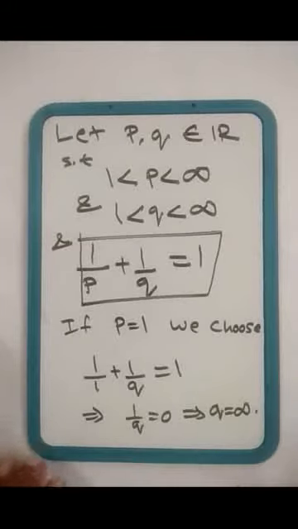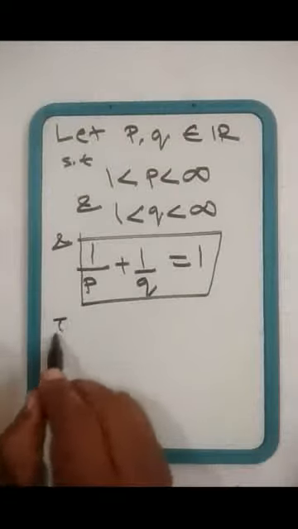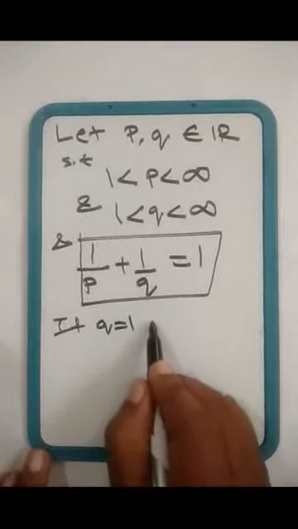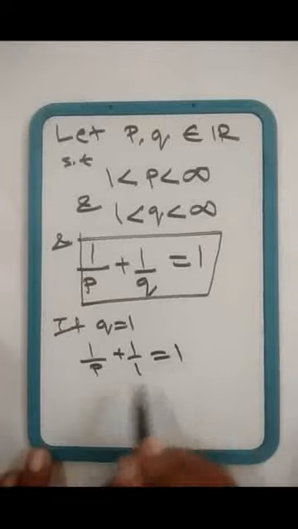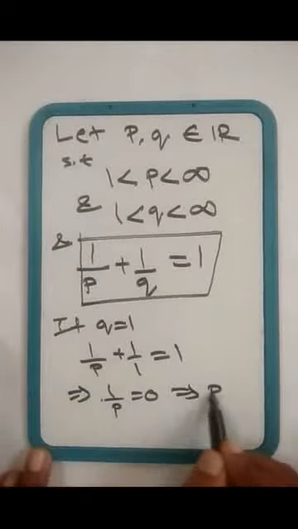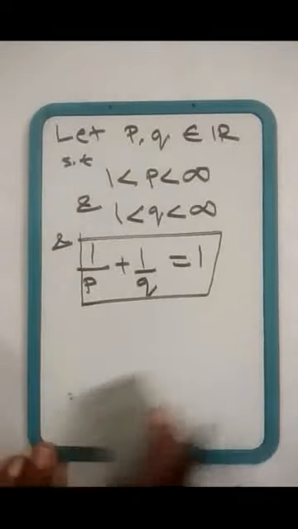Similarly, if Q is equal to 1, then 1 by P plus 1 by 1 is equal to 1, thereby implying 1 by P is equal to 0, thereby implying P must be equal to infinity. Okay. So that case is not there.